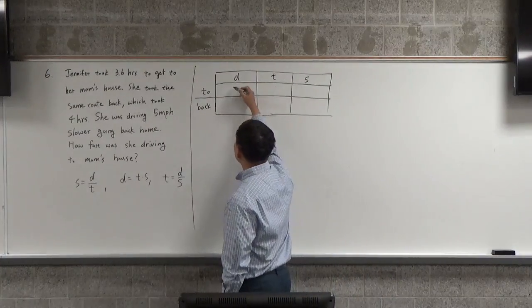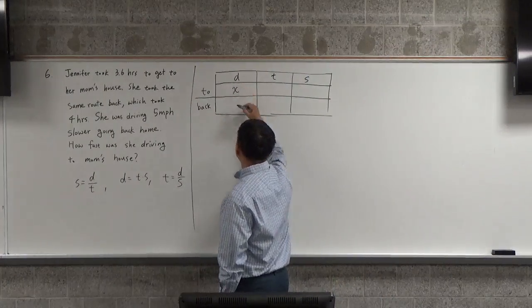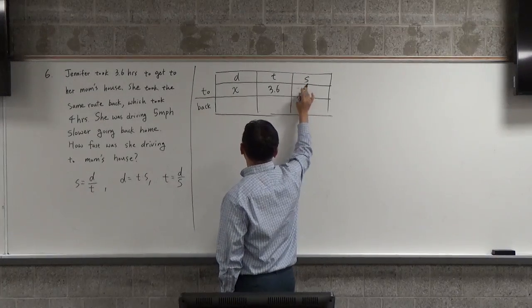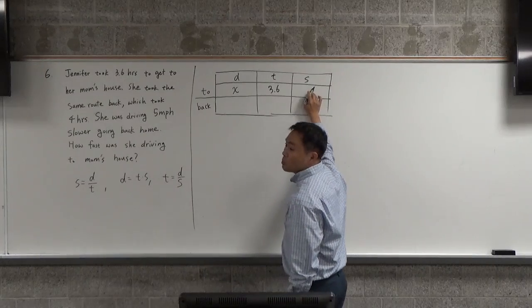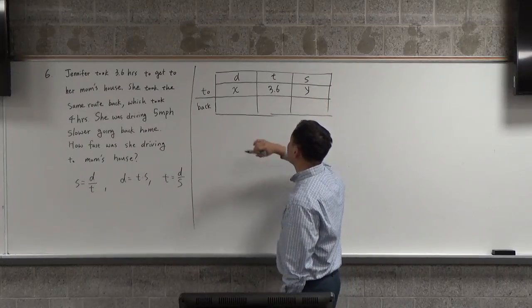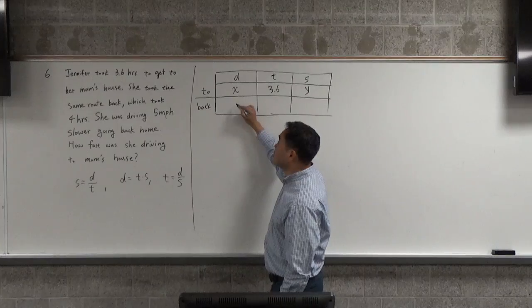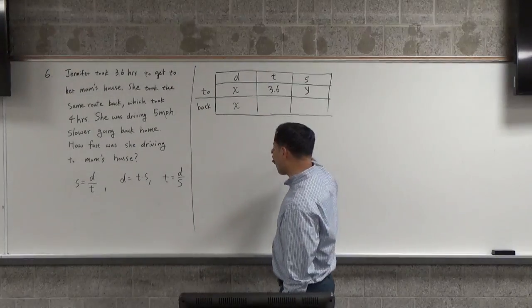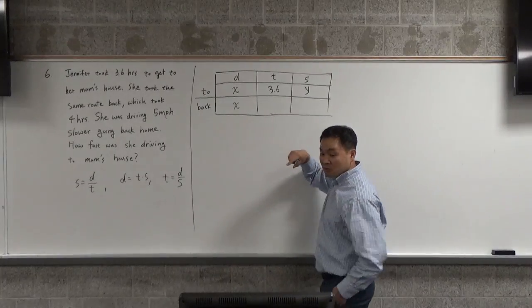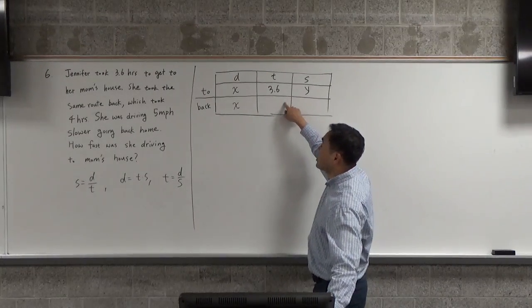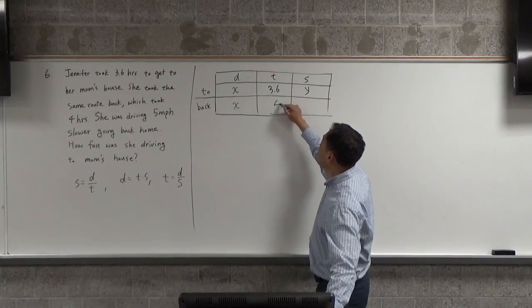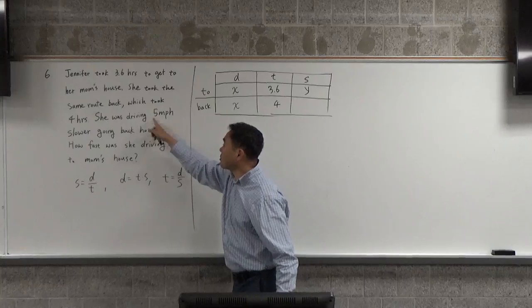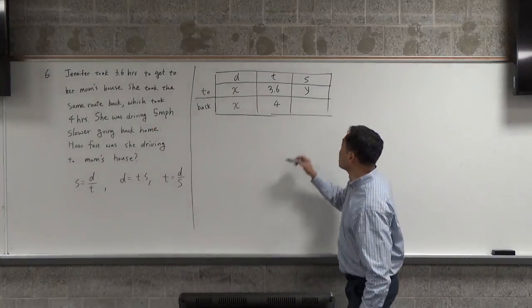Nothing, so we put x. How about the time going? 3.6. Speed? We don't know, so again we put y. Distance? Unknown, but we do know that they're the same. Okay, coming back, you're driving the same distance. And then time? 4. And speed? Because she was driving 5 miles slower, so it's y minus 5.